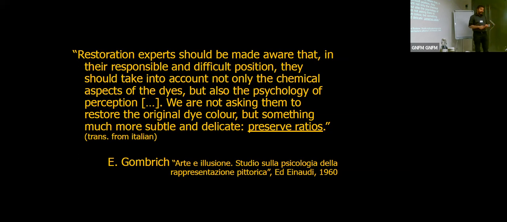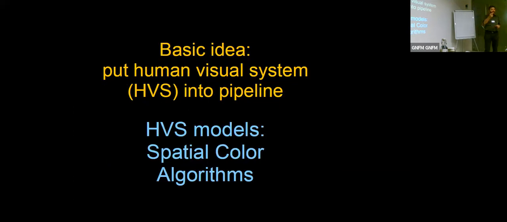Absolutely, yes, correct. Completely different story. And so basically, the idea is that if we have this very robust thing that is our vision system, how can we put this into play? So the idea is, let's start to restore movies with a model of human vision.